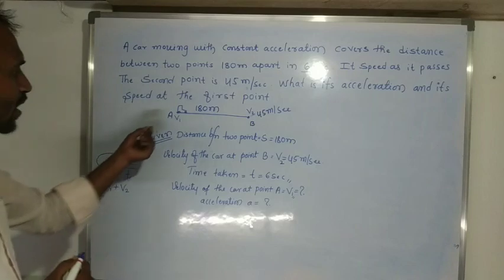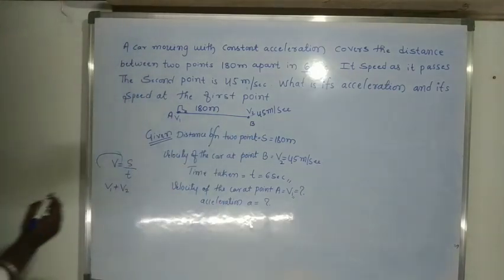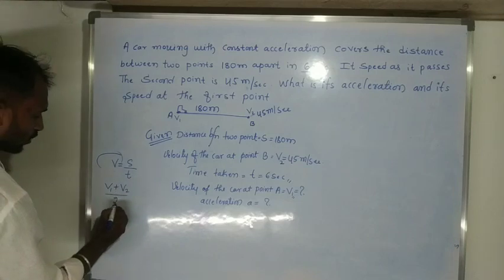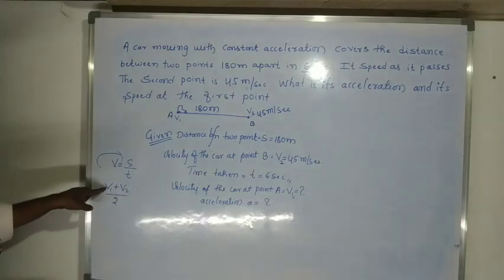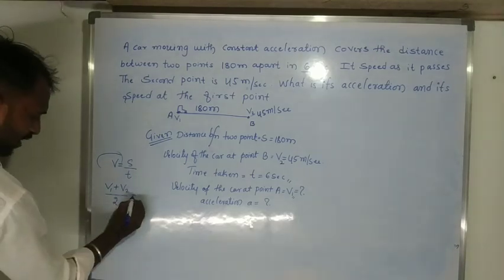Why? Because the velocity of the first point plus the velocity of the second point divided by 2 is how we will find the v1 value. v2 is already there, we want to find v1.